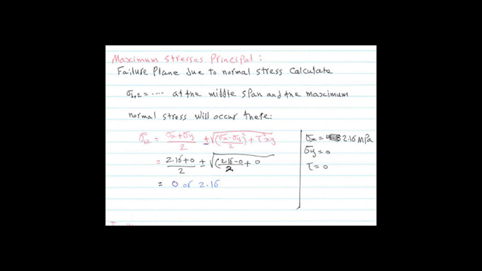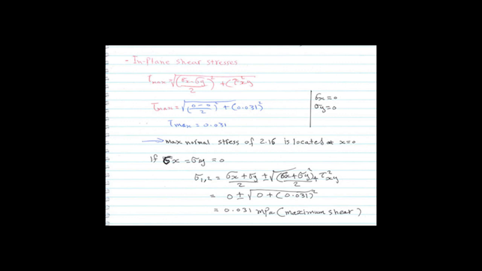I used this formula to calculate the maximum normal stress, and then I used the quadratic formula, and I got 0 and 2.16. After that, I calculated the in-plane shear stress, tau max. With the same process, I got tau max equals 0.031. A max normal stress of 2.16 is located at the middle of the span.